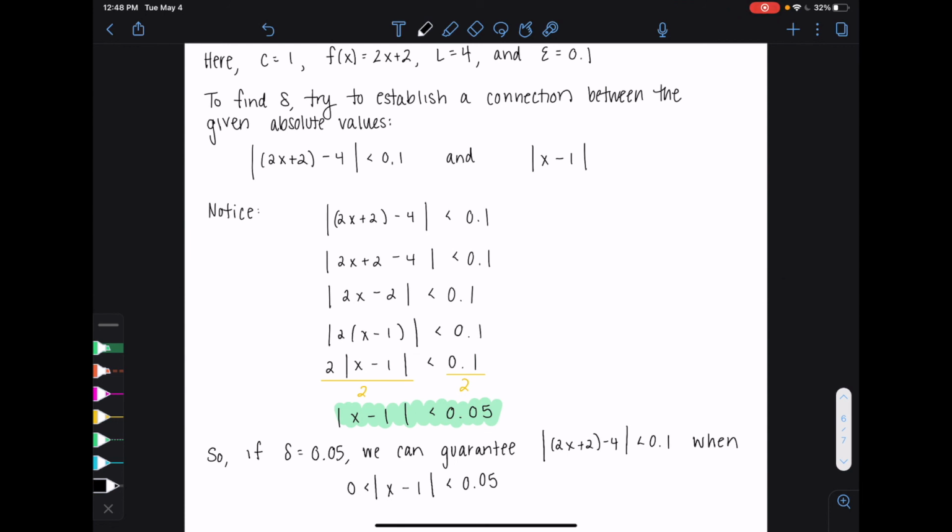Okay? So that's going to be your goal. You're going to start with one of the inequalities that's given to you and try to manipulate it to get the other one. Okay, so try your best with it. If you have questions, let me know.